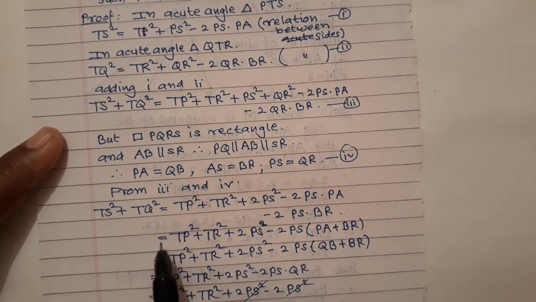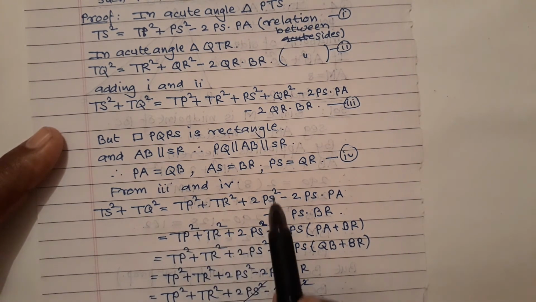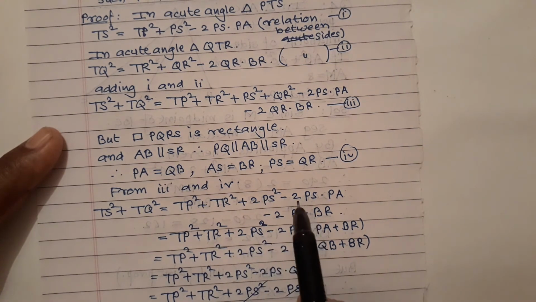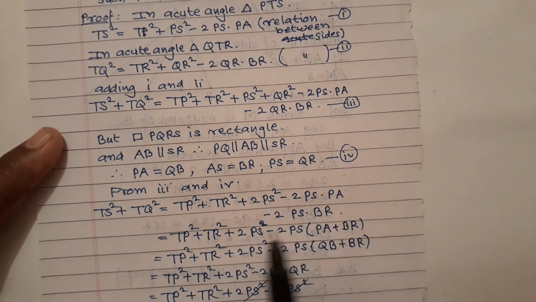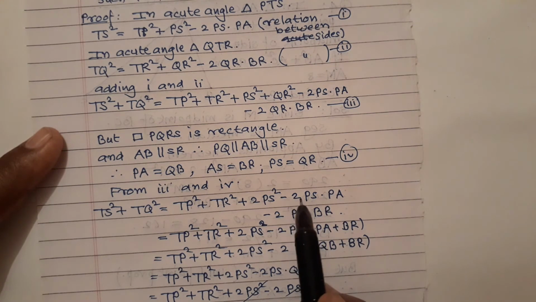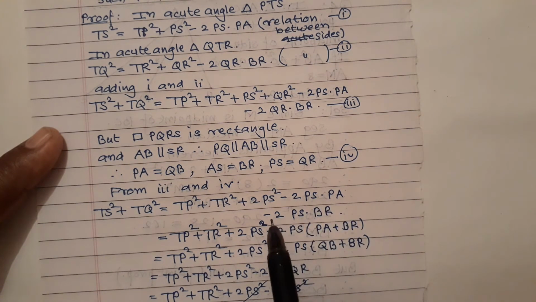Then it is TP square plus TR square plus 2PS square minus 2PS into PA and minus 2PS into BR.